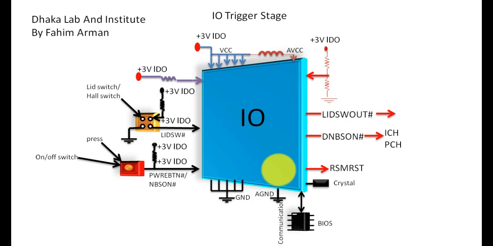And now I will show you how these voltages and signals enter into the IO chip step by step. First, plus 3 volt LDO will enter into the IO chip, and then ABCC, and there will also be two grounds here.